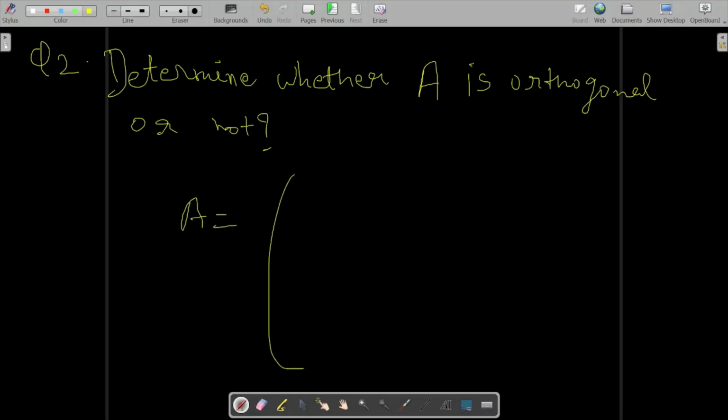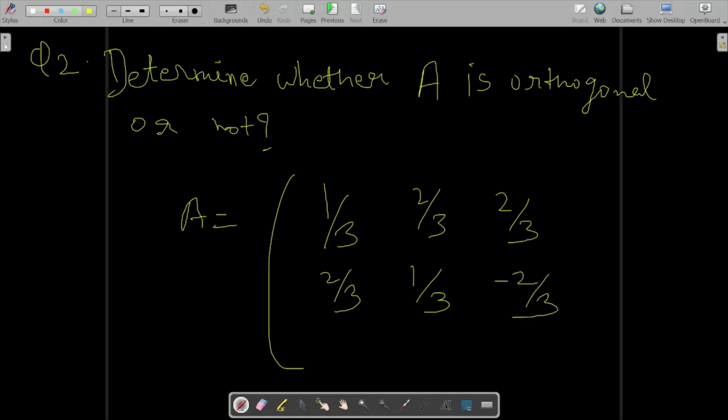It is of this kind: 1 by 3, 2 by 3, 2 by 3, 2 by 3, 1 by 3, minus 2 by 3, minus 2 by 3, 2 by 3, minus 1 by 3. Okay, we have to determine whether this is orthogonal or not.